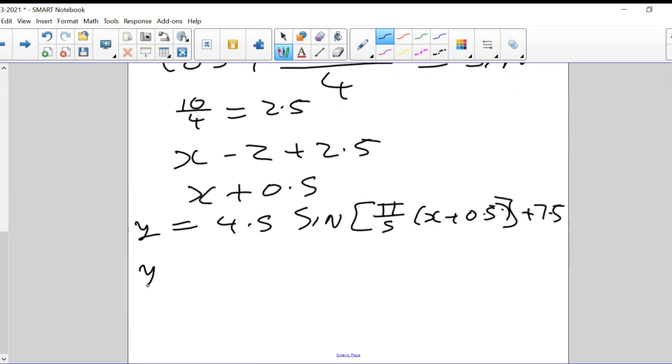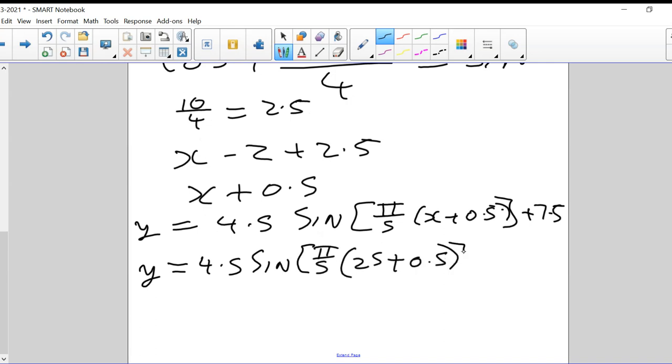So y equals, and you're going to grab your calculators right now and help me out with this, sine of, I'm going to use the sine version of it. Doesn't really matter, we could use either one. So pi over 5 times 25 plus 0.5, plus 7.5.